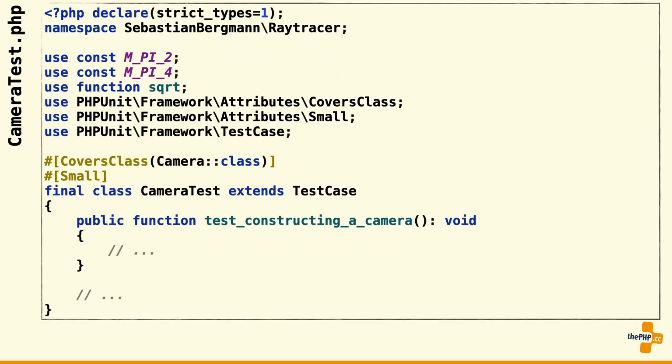You can forget about that. These days we have attributes, and one of those attributes is CoversClass. So the developer of this test made it clear that they intend to cover the Camera class, the code in the Camera class with this test.